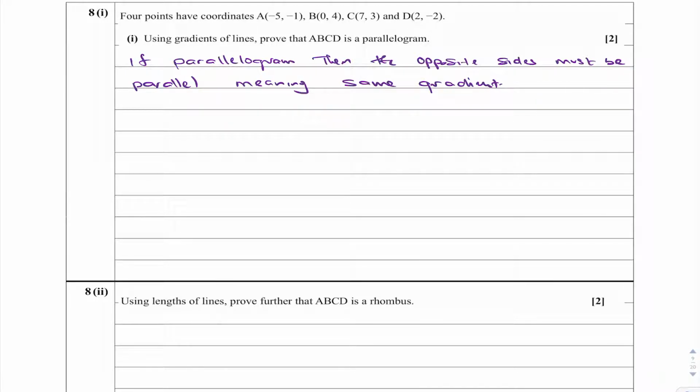So I've got point 1, point 2, 3, 4. So let's look at AB. AB must be parallel to CD. Hence, they will have the same gradient.